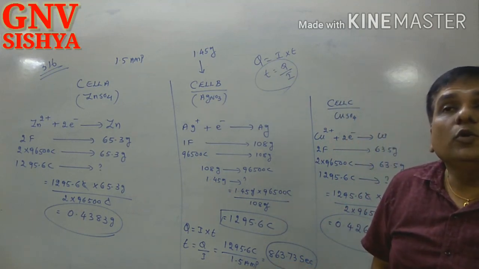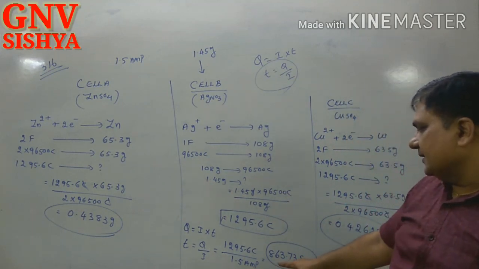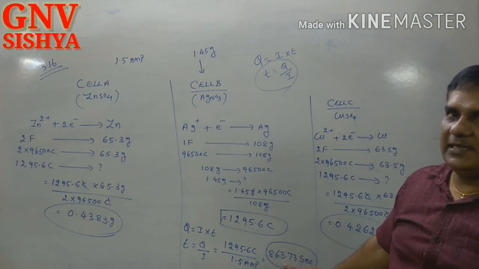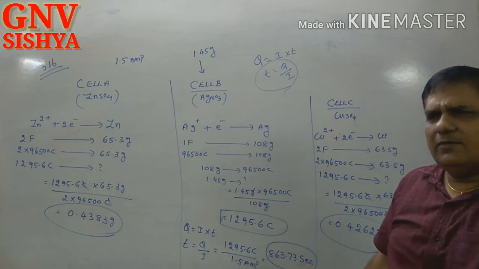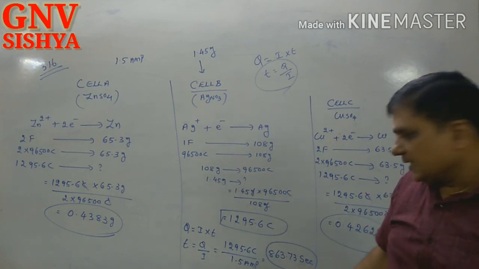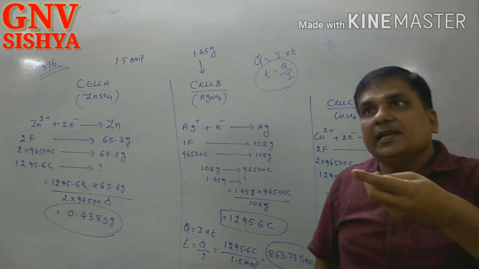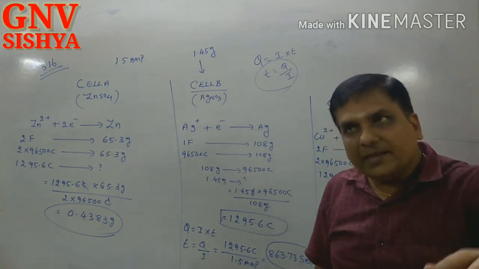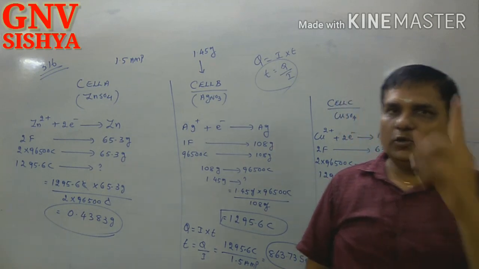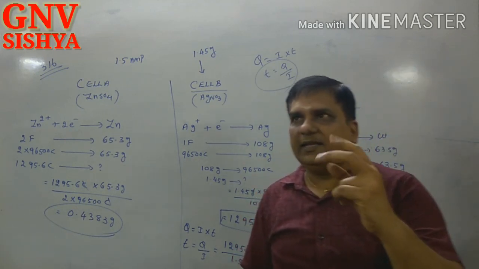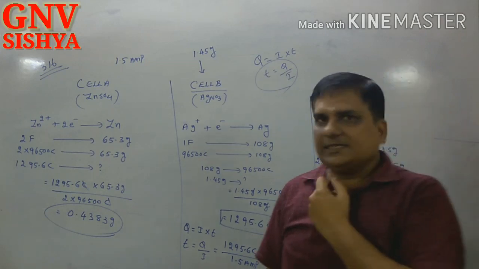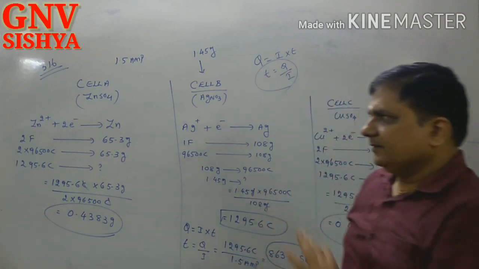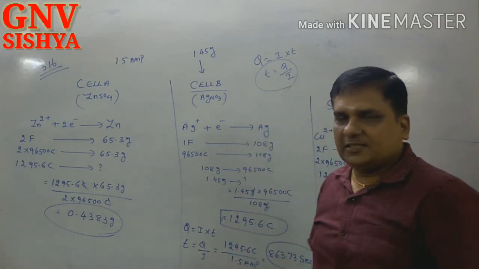You know very well that coulomb divided by ampere is seconds. 863.73 seconds. You can stop here itself, or if you want to convert into hours, divide 863.73 by 3600, because you know 1 hour is equal to 3600 seconds. This is the first half.